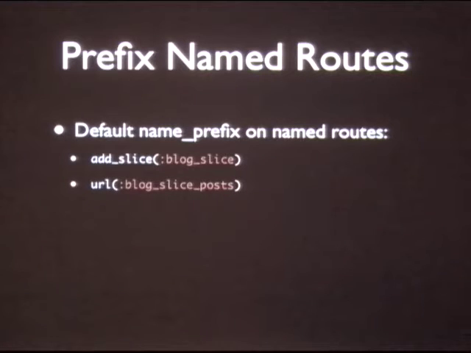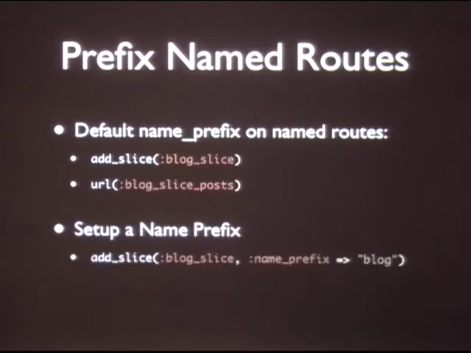You really control what namespaces are available, so you can namespace the URLs, the paths, all the controllers should be namespaced, and all the models as well. But if you don't like the blog slice post URL name, you can set up your own prefix and just call it blog posts.